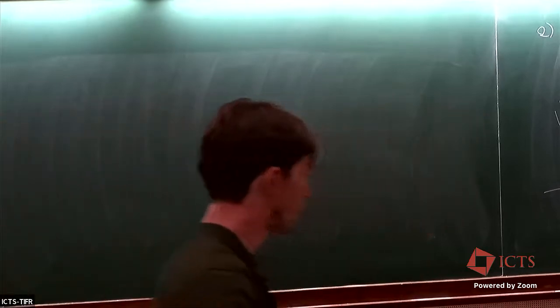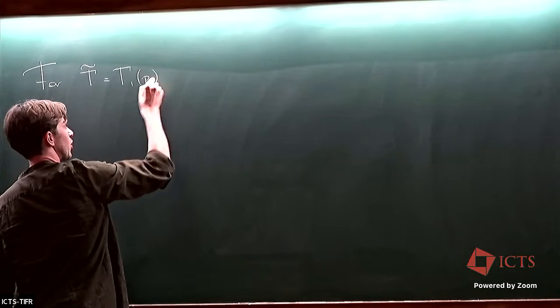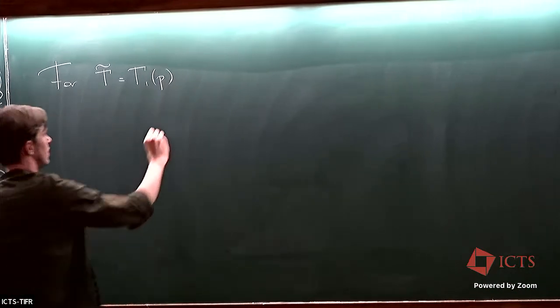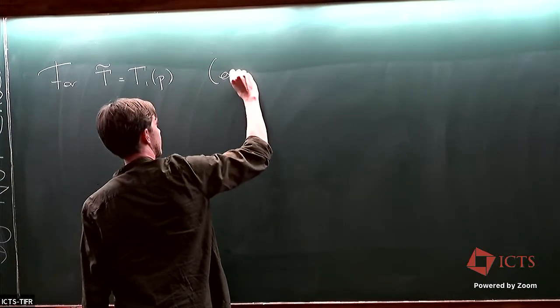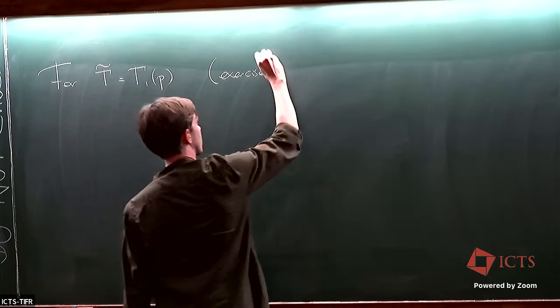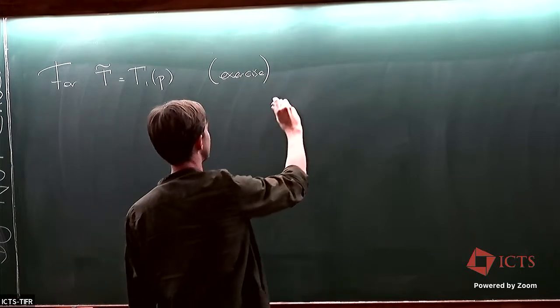Before I tell you about the next theme, which is the theorem of Manin and Drinfeld, I just want to point out one thing. And this is also an exercise for you. So for the group gamma tilde, being gamma 1 of P, this is an exercise. It's very similar to the computations we just did, and I recommend you do it.